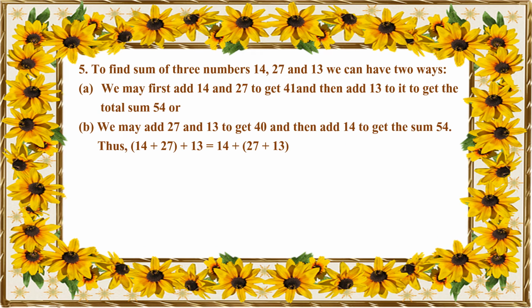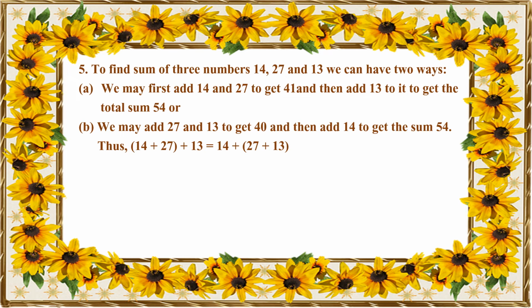Then fifth question, to find the sum of 3 numbers 14, 27 and 13, listen carefully, okay? We can have 2 ways. We may first add 14 and 27 to get 41 and then add 13 to get the sum as 54. Or we may add 27 and 13 to get 40 and then add 14 to get the sum 54.